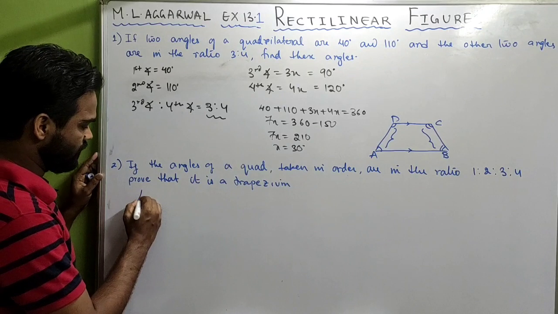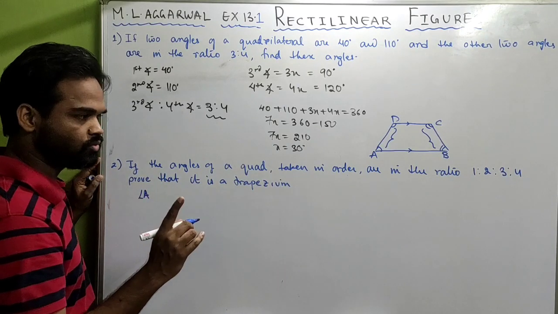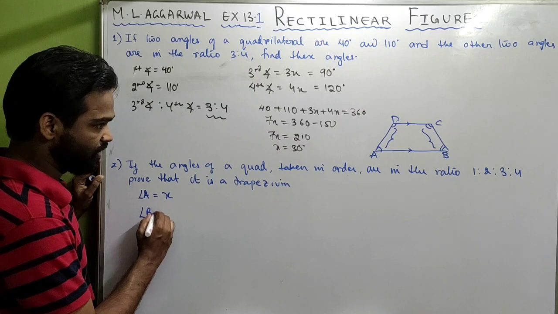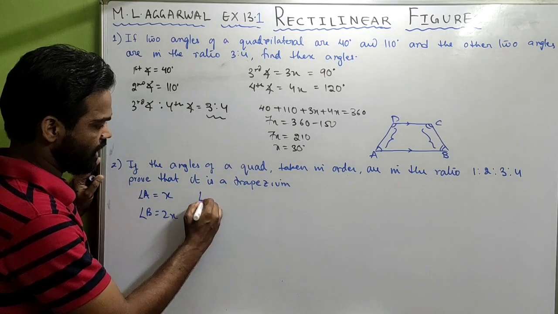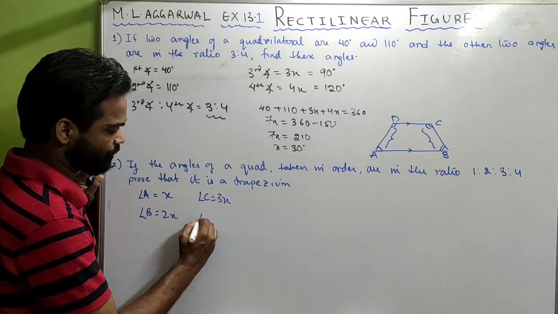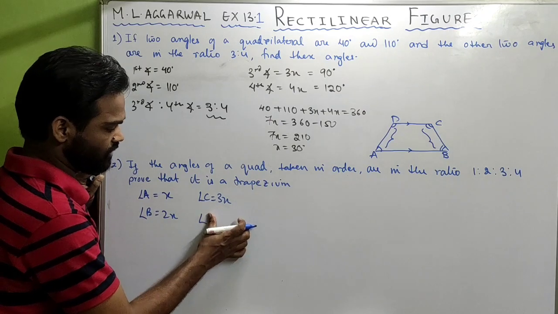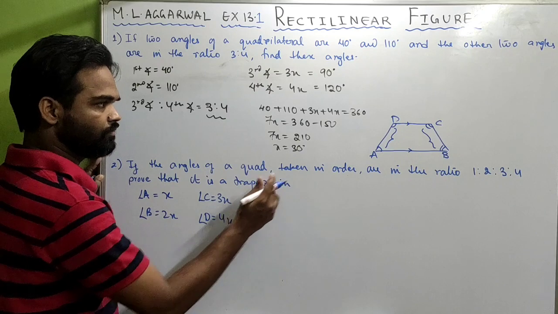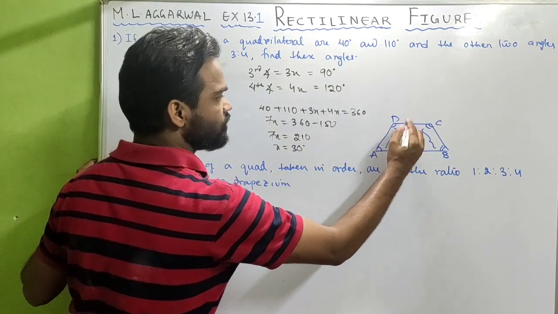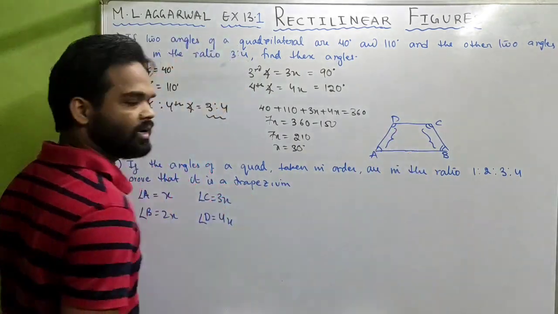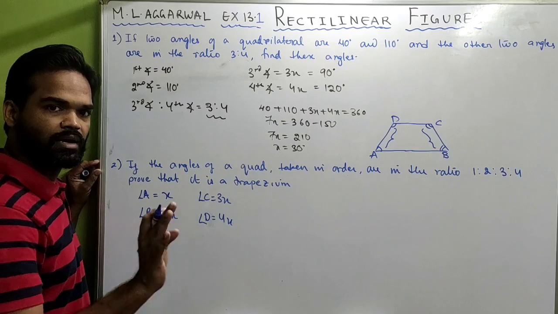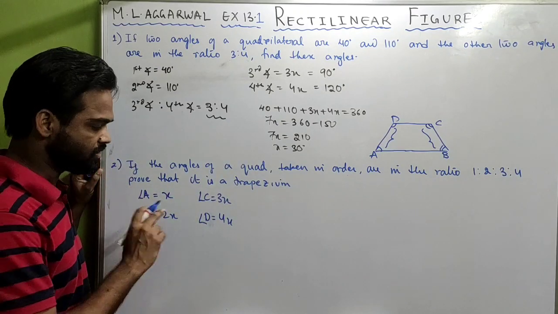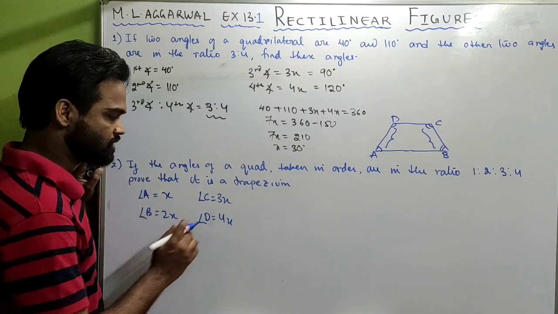Let us see that angle, since the ratio is 1:2:3:4, let angle A equal x, angle B equal 2x, angle C equal 3x, angle D equal 4x. I've taken the four angles in order. Now we know it's a quadrilateral, which means the sum of the angles will be 360.